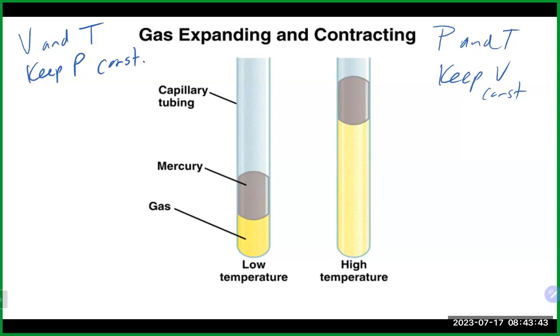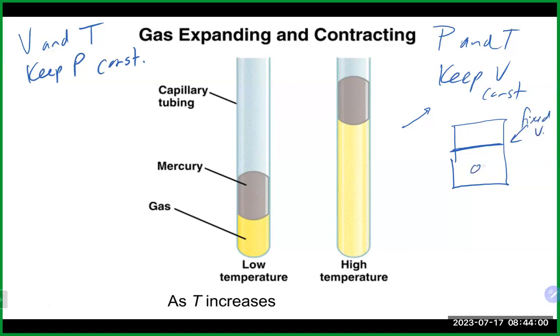So let's talk first about what we would expect to happen here. If we had a gas in a container with a fixed volume, basically not moving around, and I increase the temperature, would my gas molecules move faster or slower?